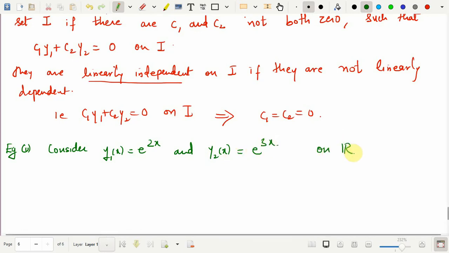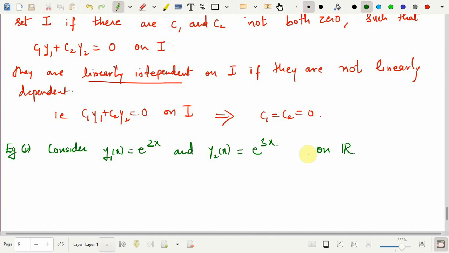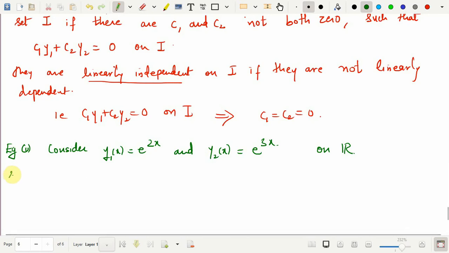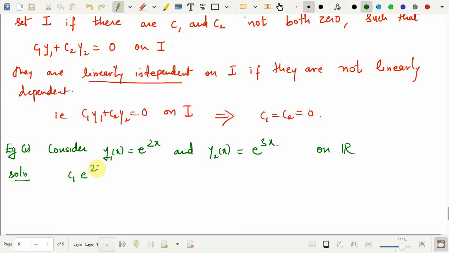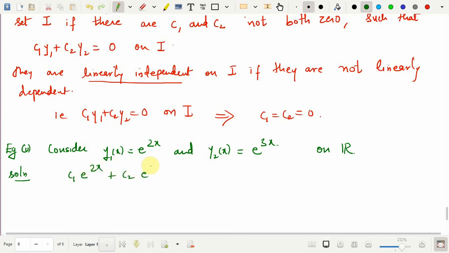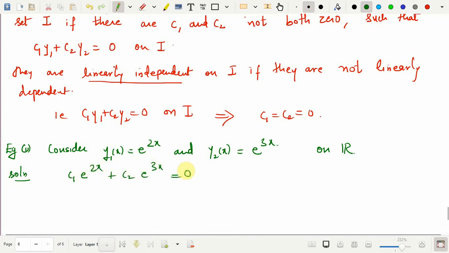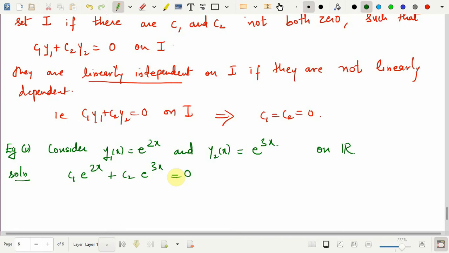So in this case, the set I am choosing is the whole real line. In fact I'll prove that these are linearly independent. So how do I proceed? Just look at C1 e raised to 2x plus C2 e raised to 3x is equal to 0, and I'll prove that the only possibility is that C1 and C2 are equal to 0.